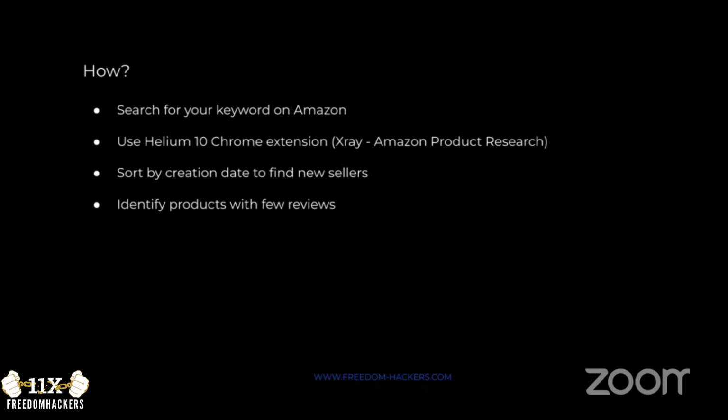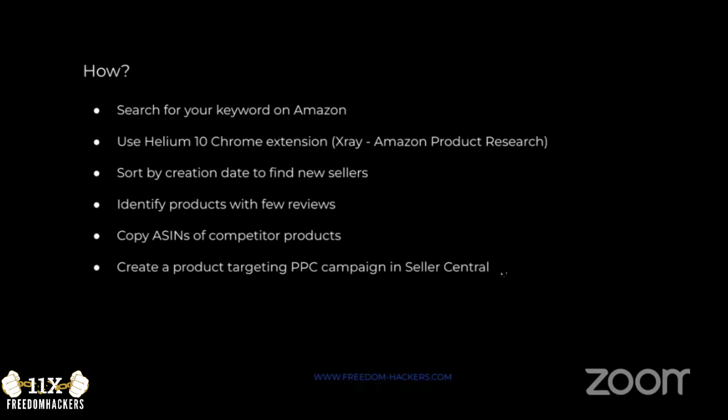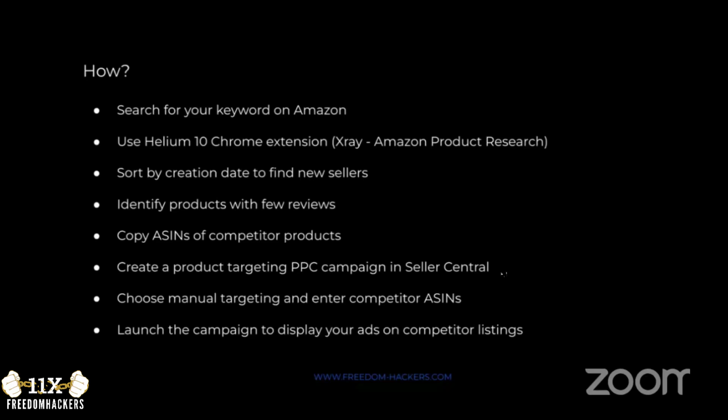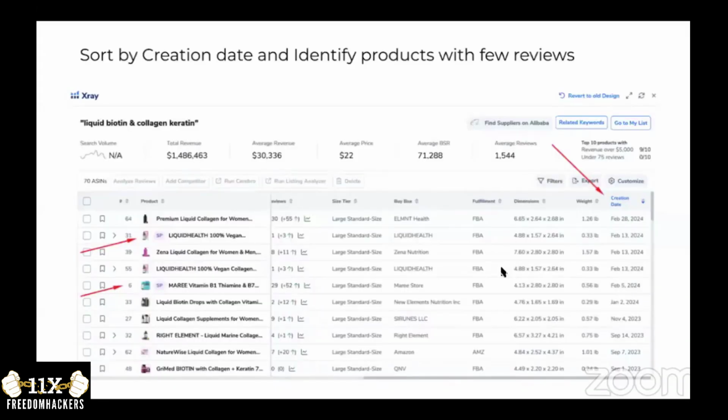So it's easy for you to be the no-brainer offer. It's easy for you to be the best offer compared to the new listing. So then you just take the ASIN codes of the products, then create a product targeting PPC campaign inside of Seller Central and choose manual targeting, and then enter the ASIN codes, and then just launch the campaign.